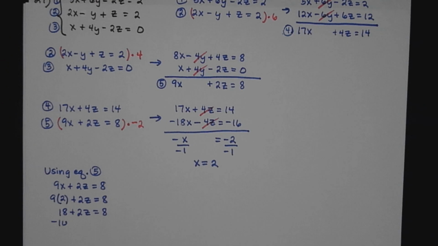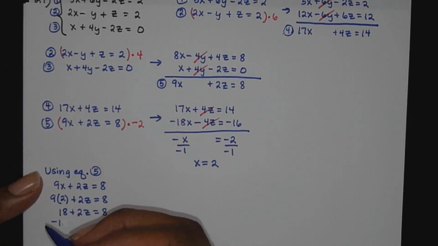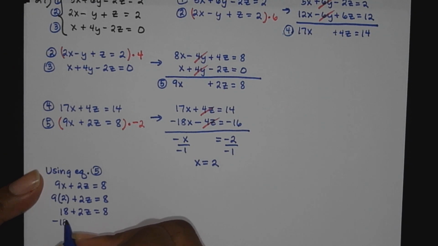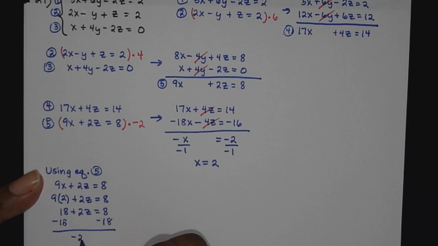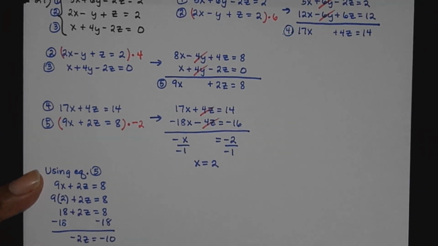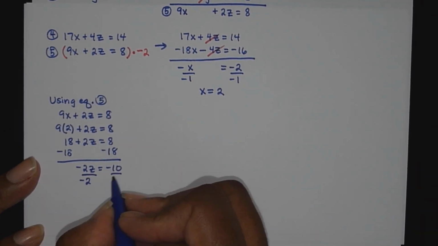Subtract 18 on both sides. So that means negative 2z is equal to negative 10. And then divide both sides by negative 2.